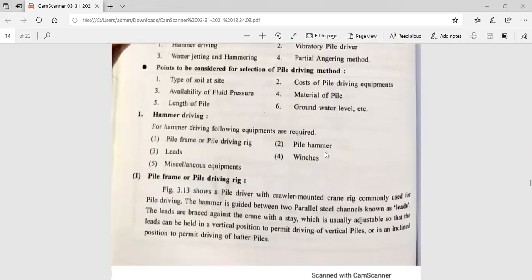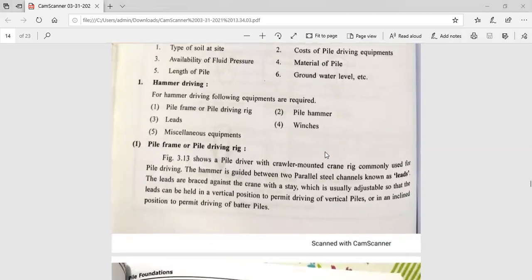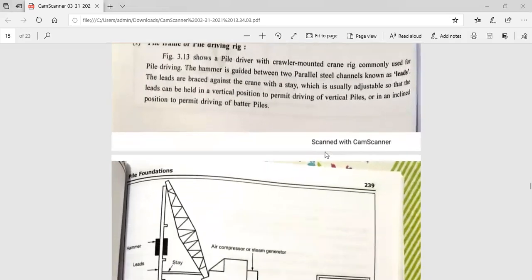The first one is hammer driving. In hammer driving, certain equipment is used: a pile frame, pile hammer, leads, winches, and miscellaneous equipment. In the pile frame, as you can see in this figure, a pile driver with a crawler-mounted crane rig is commonly used for pile driving.